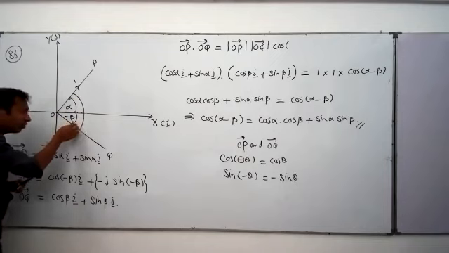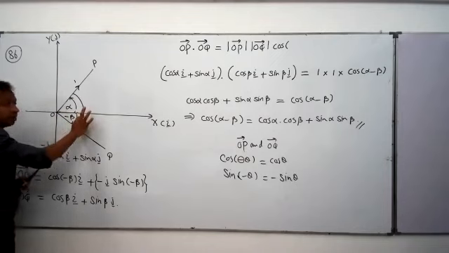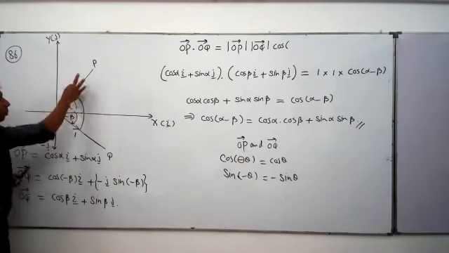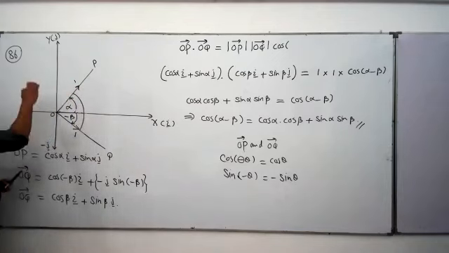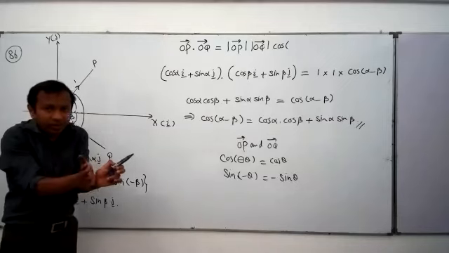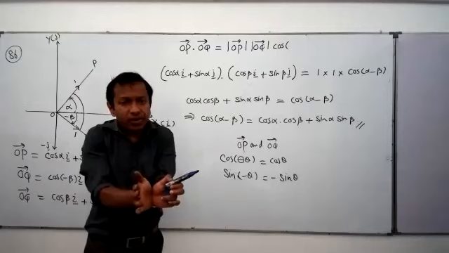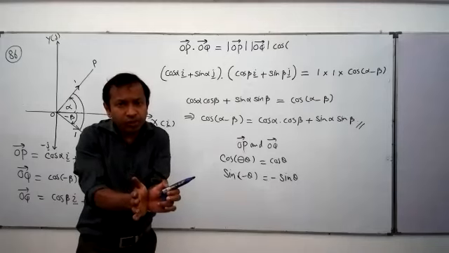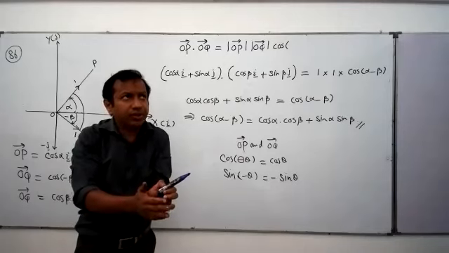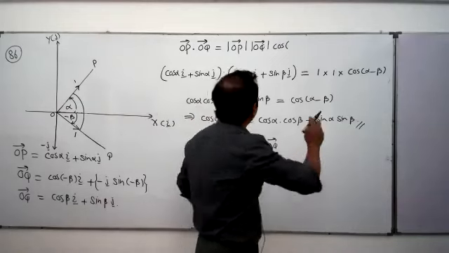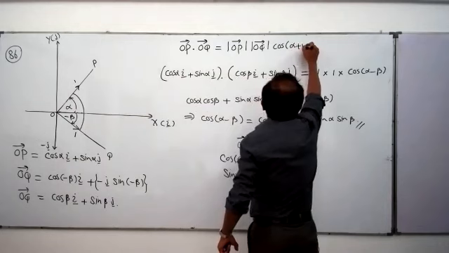What is the full size of this angle? This is beta, people. This is alpha. Then what is the whole angle between OP and OQ? Alpha plus beta now. The angle between OP and OQ is alpha plus beta. That angle beta has a negative sign because it has been measured in the clockwise direction. That's the reason. Understood? So therefore, cos alpha plus beta. Right?